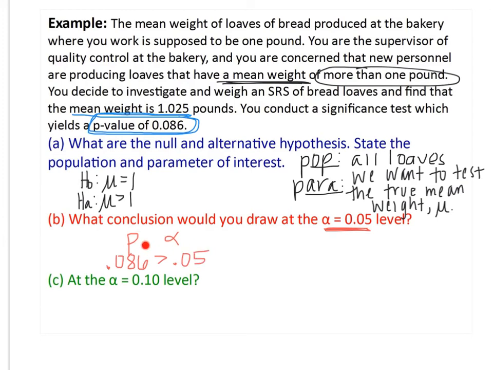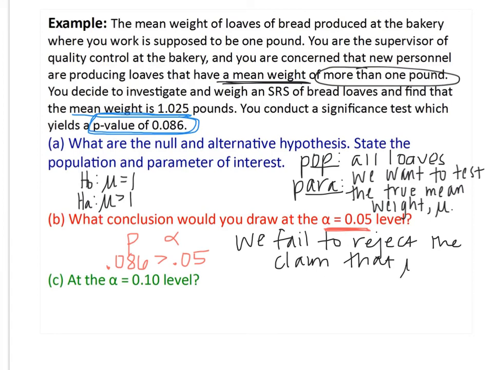Well, if the p-value is greater than alpha, then we fail to reject the claim that mu equals 1, or the bread weighs 1 pound.